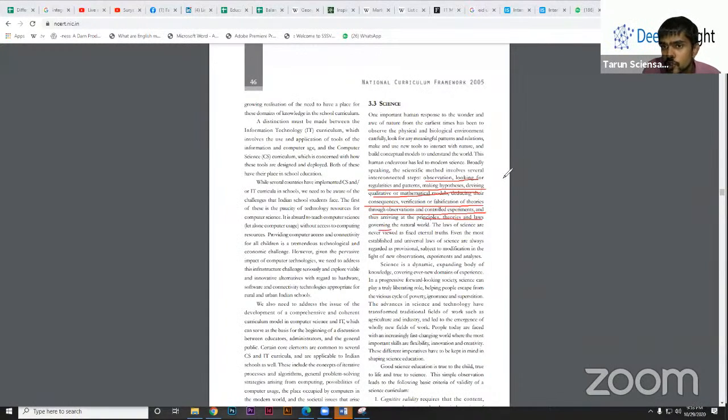These are things which are not taught in school. How to theorize, how to come up with your own theory. NCF says this is important while the NCERT textbook doesn't do it.